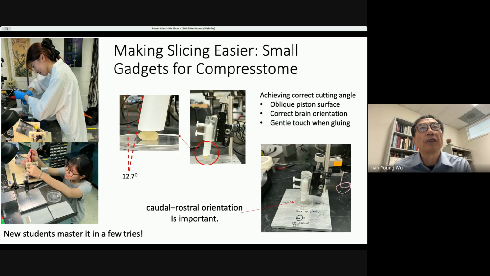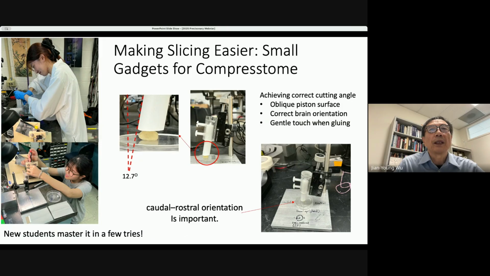It's a holder for the piston. We cut the piston with the magic angle of 12.7, and then the holder adjusts the angle so that the cutting surface of the piston is parallel to the floor.